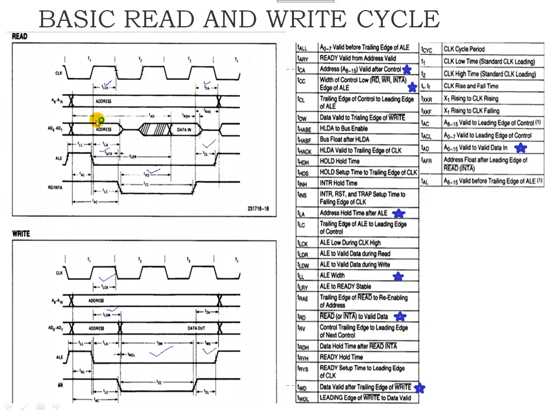In the T2 cycle you will be supplied with the higher order byte only. This lower order byte can be retrieved from the holding of the ALE signal. The ALE signal has been set off before this TLA time.